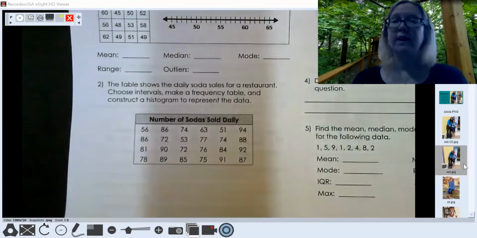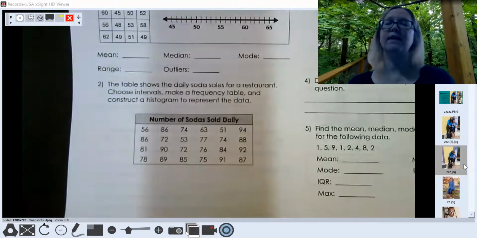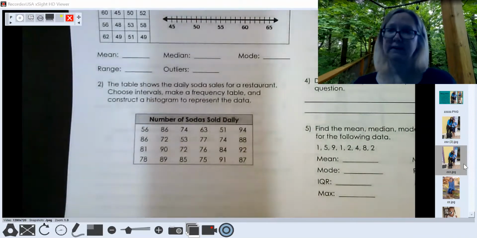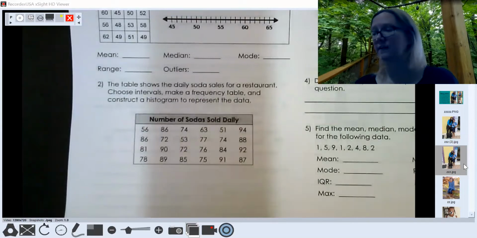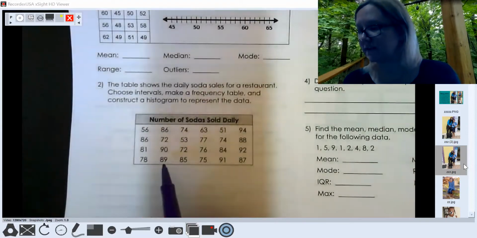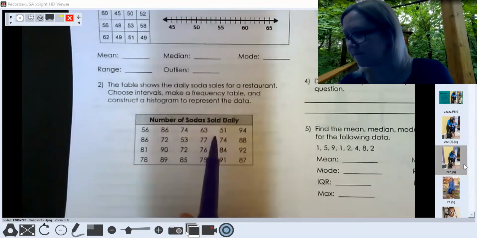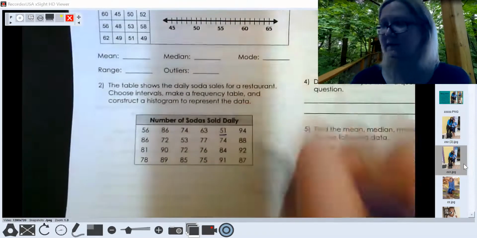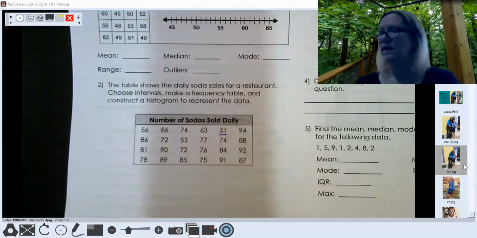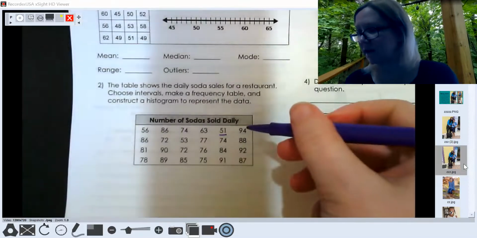So what I need to find first would be my minimum, or lowest, and the maximum, or the highest value. Looking at all these numbers here, my lowest number that I see is, let's see, 51. And then I need to identify my highest value.